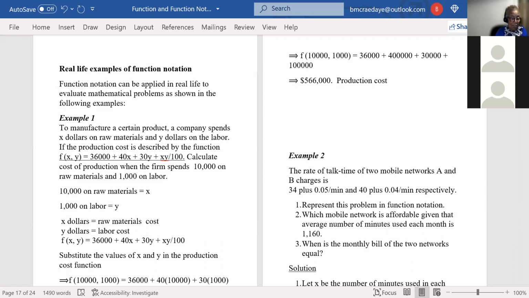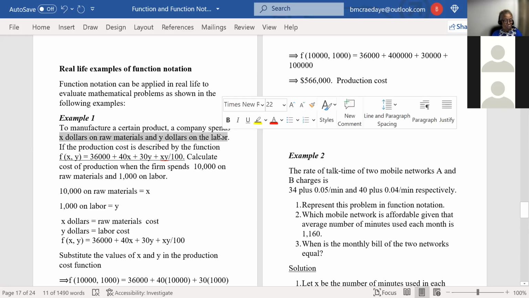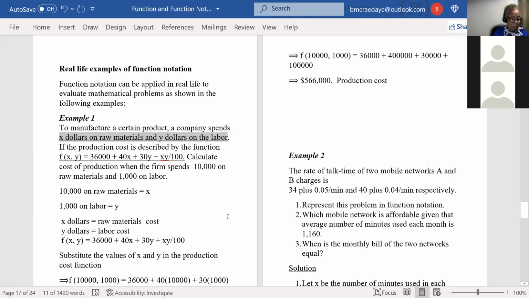Okay, that was given in the problem. Calculate cost of production when the firm spends 10,000 on raw materials and 1,000 on labor. They gave you all of this in the word problem. X dollars, and they gave you the X defined as raw materials and Y dollars defined as the labor costs. So this was all given in the problem.